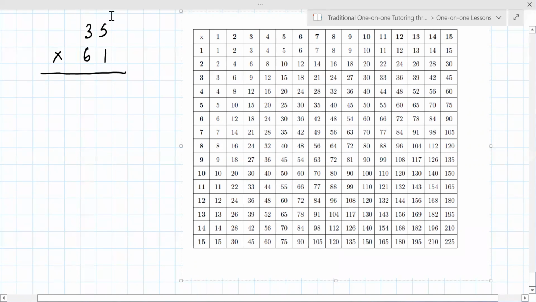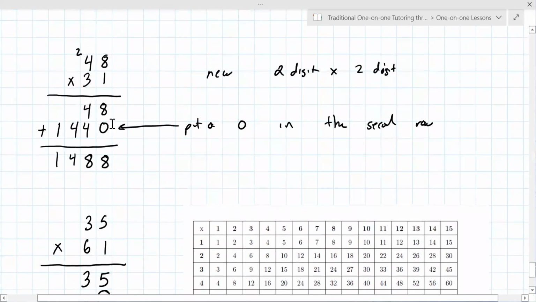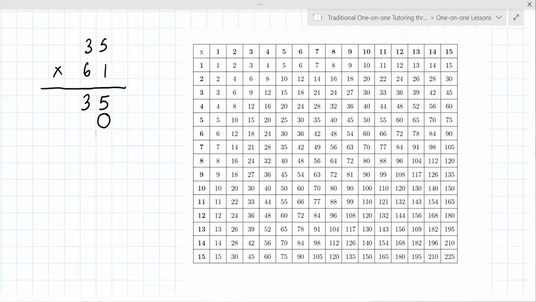So it's 1 times 5 is 5. 1 times 3 is 3. Okay. And then this is different. You put a 0 down below. So you always put a 0 down below. We did that in the last problem, and that's the different part of this.